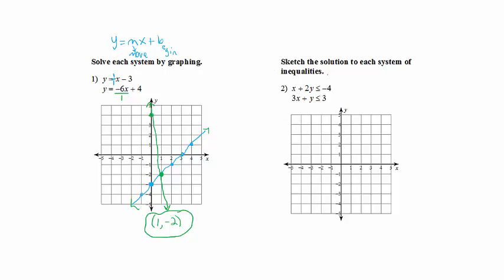Number 2 is different because we've got inequalities. So with inequalities, if there is an equal sign underneath, then that is a solid line. If there's not, that's a dashed or dotted line. If it's less than or equal to, you shade below. If it's greater than or equal to, you shade above.